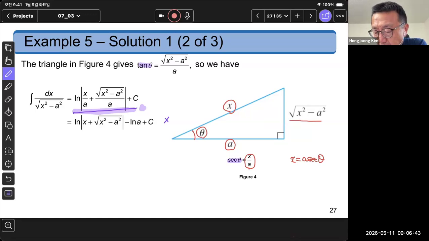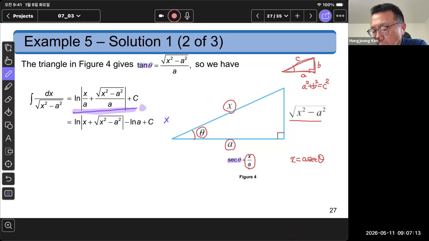You remember the Pythagorean theorem: if the adjacent is a, the opposite is b, and the hypotenuse is c, then a squared plus b squared will be c squared. That is the very important property of the right triangle, called the Pythagorean theorem.